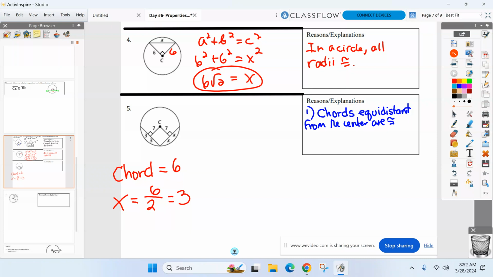That's how I know that other chord is 6. And then how'd I go from 6 to 3? Diameter. Second time we've done this now. What do we know about that? I know it's not a full diameter, but we just write the word diameter. What do you know about it? Perpendicular to a chord bisects the chord.